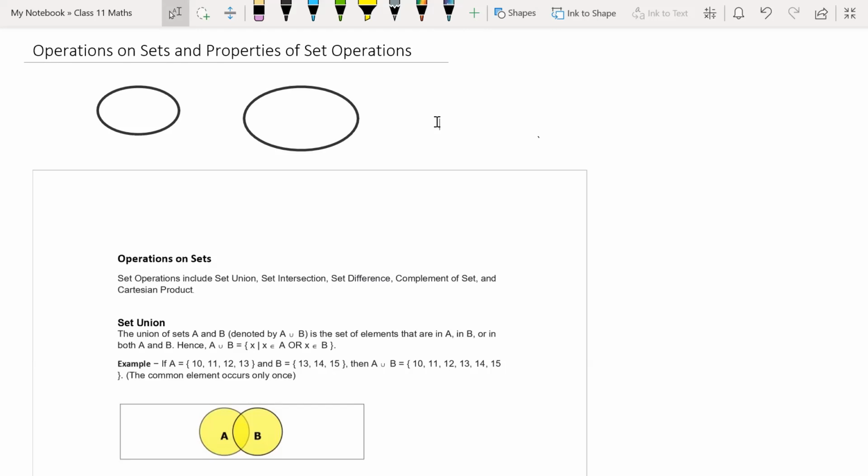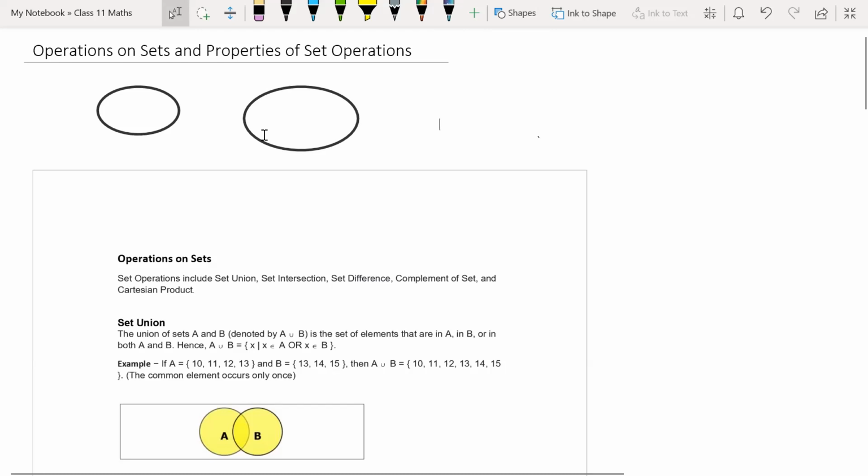Like if it is the union, or the common elements, then intersection. I will discuss all the set operations in detail later in this video. So a Venn diagram is represented with the help of a circle.